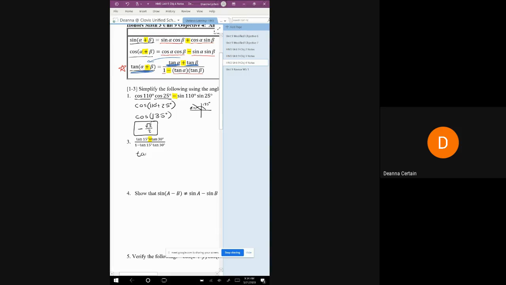So tangent of my alpha plus beta is 15 degrees plus 30 degrees, which is tangent of 45 degrees, which we do know. In the first quadrant, tangent of 45 degrees is 1. Okay, so then that's combining.